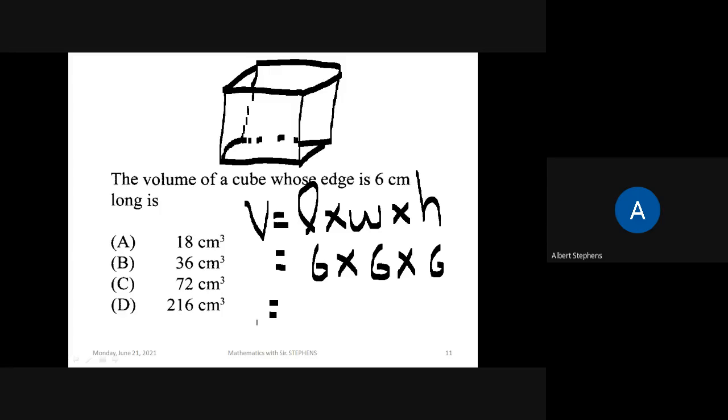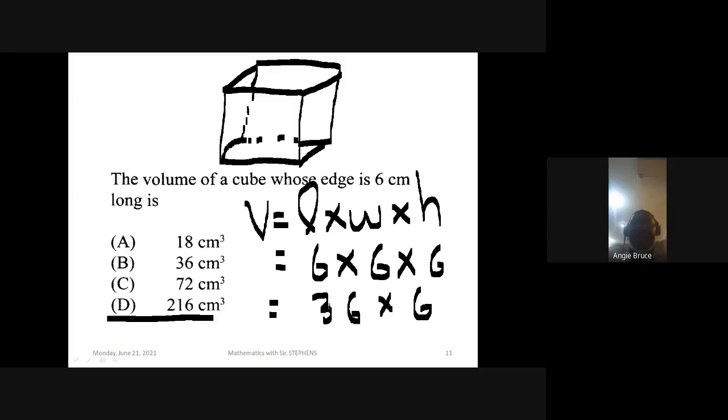You sure, Audrey? 216. So it's 36 times 6. It couldn't be 72, because 2 times 36 gives you 72.